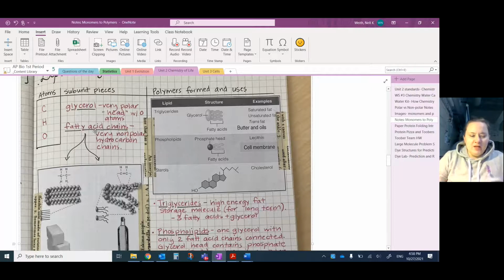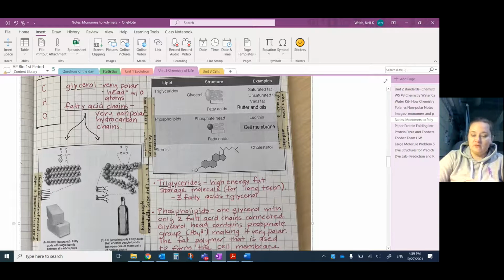The other piece of the fat molecules are fatty acid chains. Fatty acid chains are the portion of a fat molecule that is really, really non-polar. Fatty acid chains are predominantly all carbons connected to other carbons with hydrogens coming off of them. Very little to no oxygen unless it's all the way at the one end of the fatty acid chain where it connects to the glycerol.